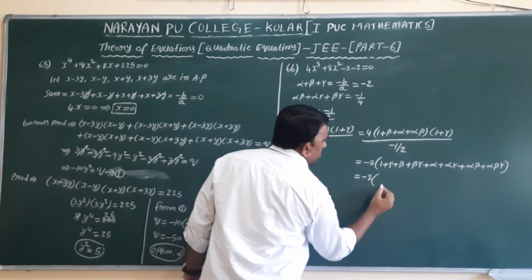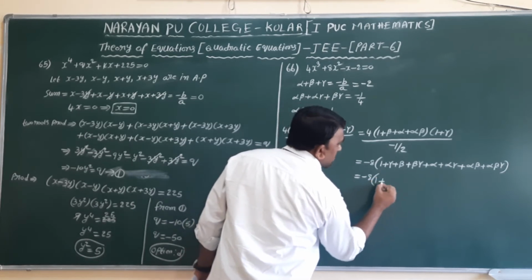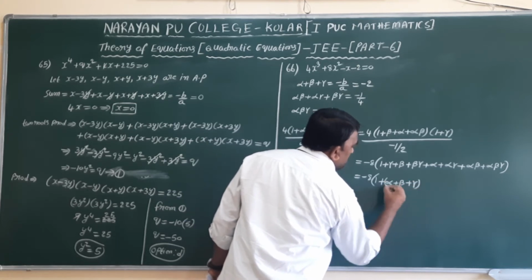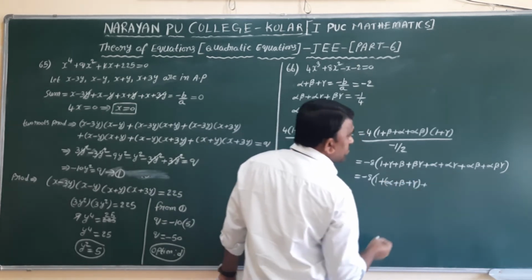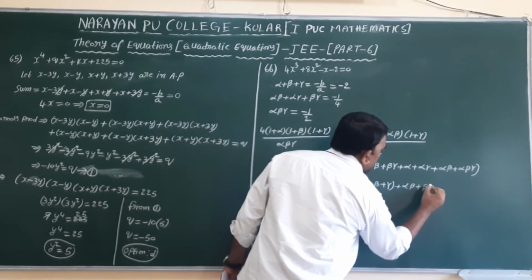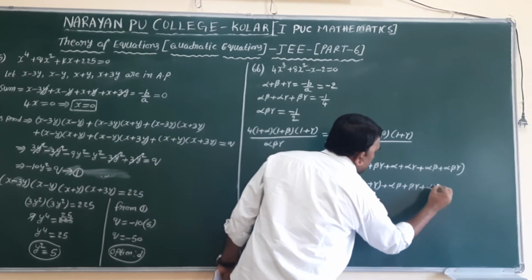Minus 8 into 1 plus alpha plus beta plus gamma, written in one place, plus the remaining alpha beta plus beta gamma plus alpha gamma.